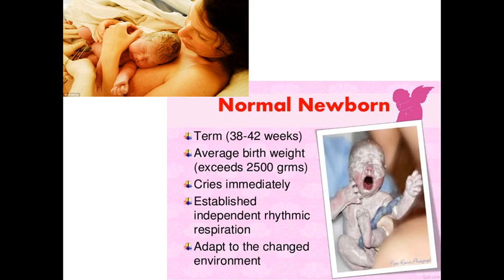With the first cry, normal respiration is established, and once the umbilical cord is clamped and cut in the middle and the baby is separated from the mother, a normal newborn baby is able to adapt to the environment as a separate individual. So that's a normal newborn baby delivered between 37 to 42 weeks of pregnancy.